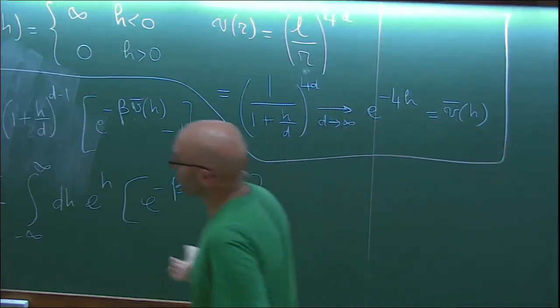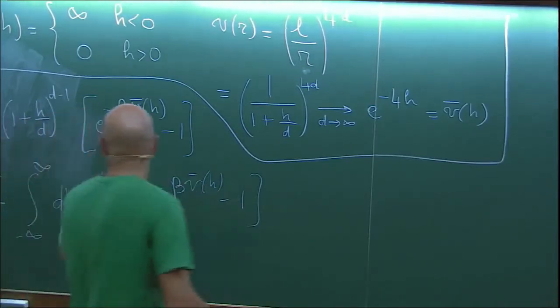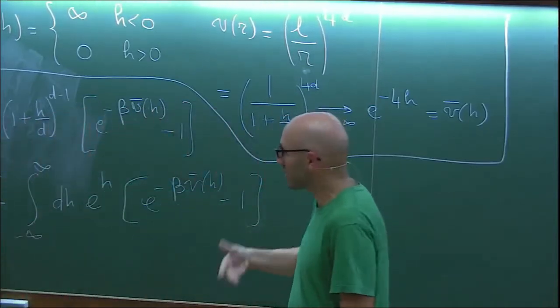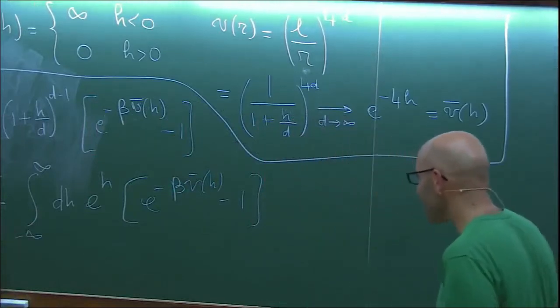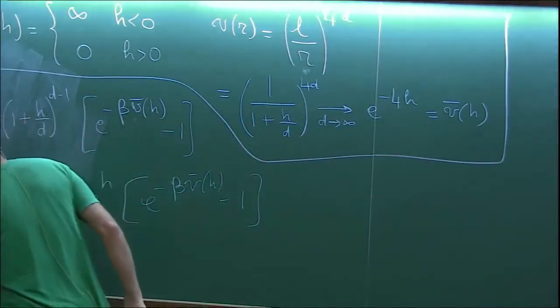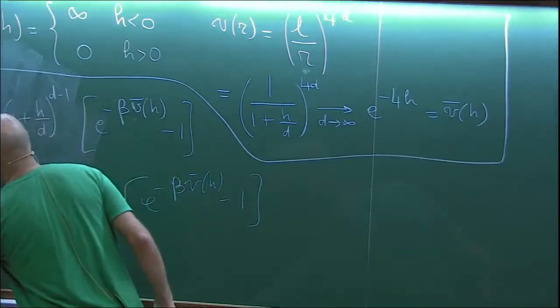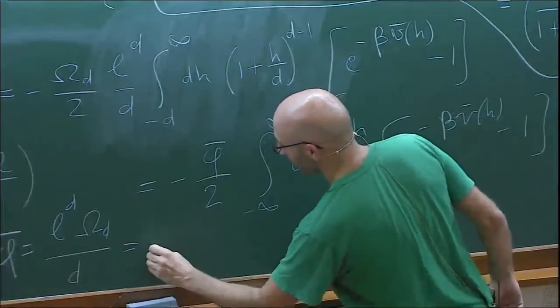Because I told you that the free energy is cut at the second virial, and I computed the second virial. This is my expression of the second virial. And what is this thing?